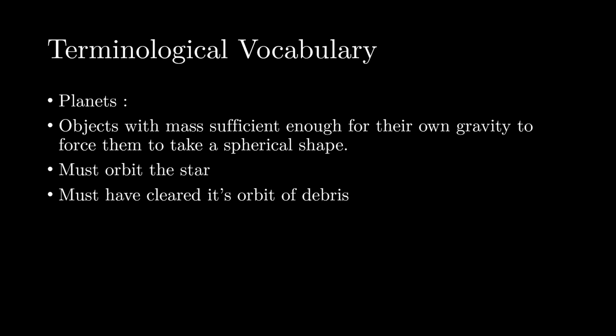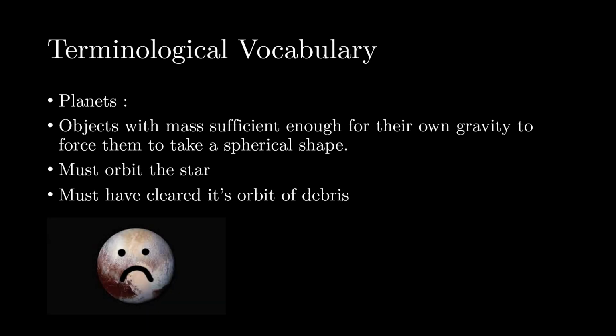This is actually the reason why Pluto isn't a planet, because it hasn't cleared its orbit of debris. Instead, Pluto is considered a dwarf planet, which is just a planet which hasn't cleared its orbit of debris, which is pretty simple.